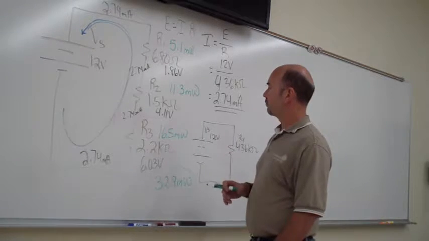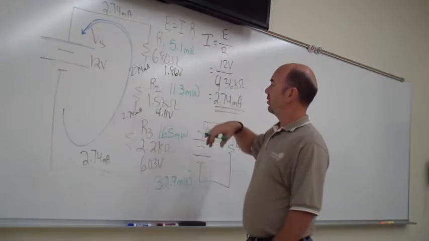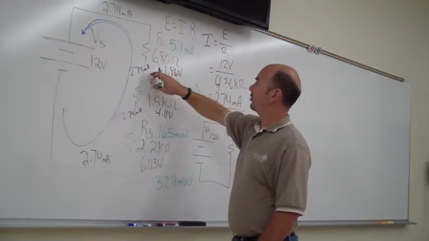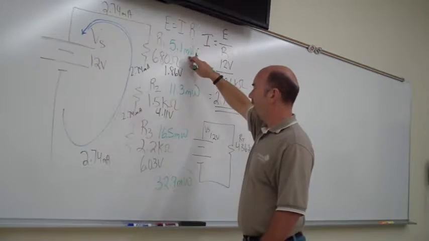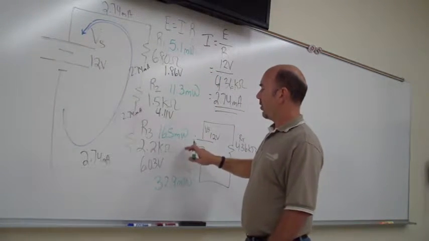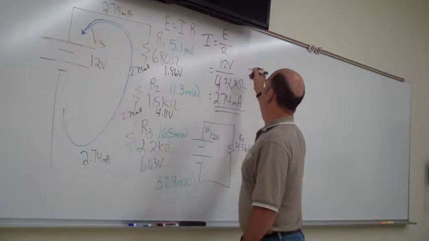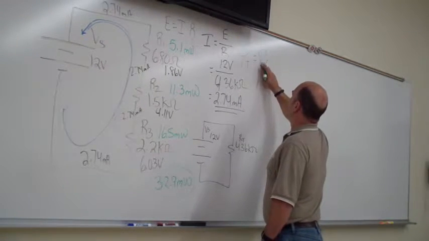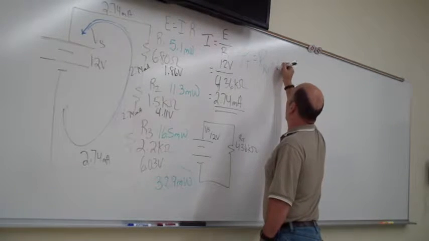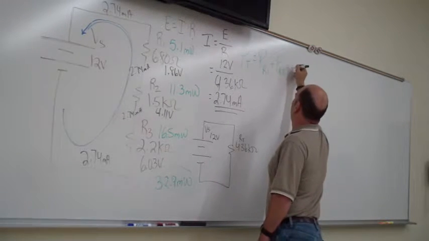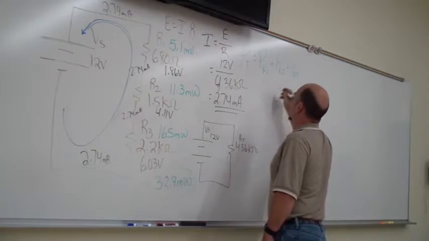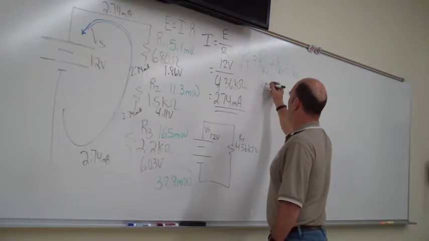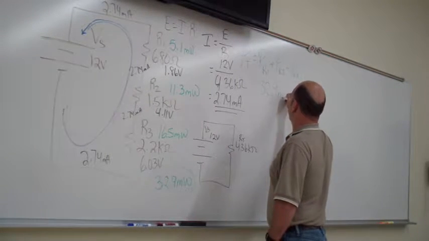All right, that's what we say it is. We've got the voltages, we've got the currents, we've got the powers for each one of these. And we say the total power is equal to the power of R1 plus the power of R2 plus the power of R3. And that says 32.9 milliwatts.